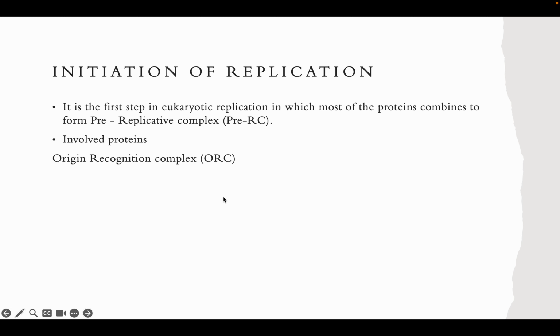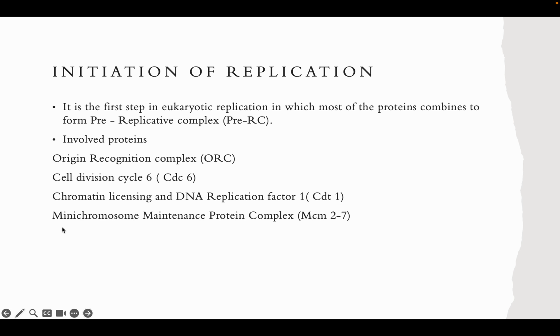Now that we have the ORC binding to the site, it recruits the protein CDC6, which is cell division cycle 6, which gets phosphorylated, and it is important to recruit another protein called the MCM complex and CDT1.